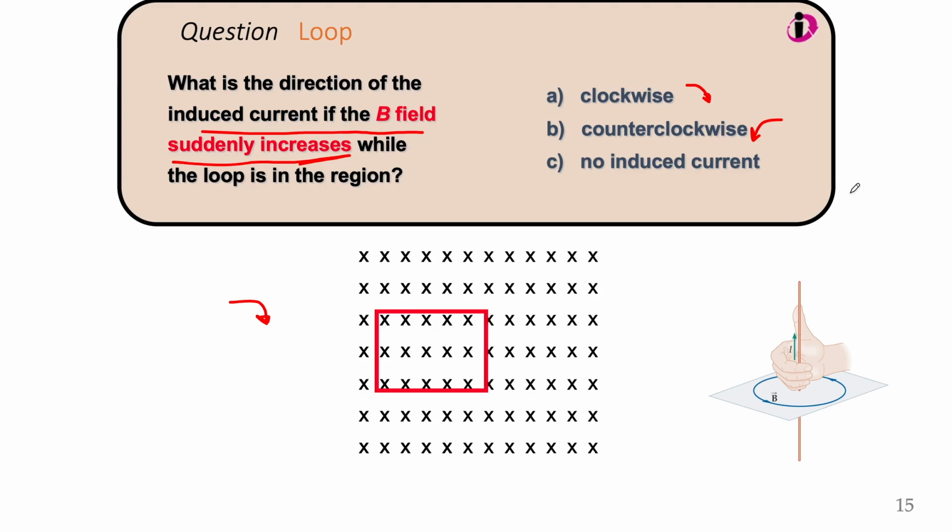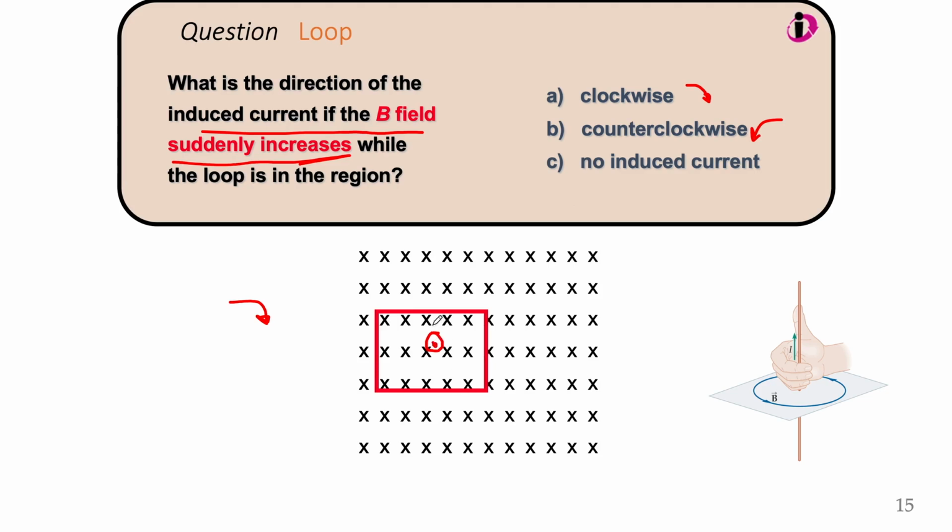Okay, the magnetic field lines are into the page, and they are increasing. So the flux is increasing, with magnetic field lines into the page. So the loop will try to oppose it by Lenz's law. It will try to create a magnetic field out of the page. So inside it will induce a magnetic field out of the page.